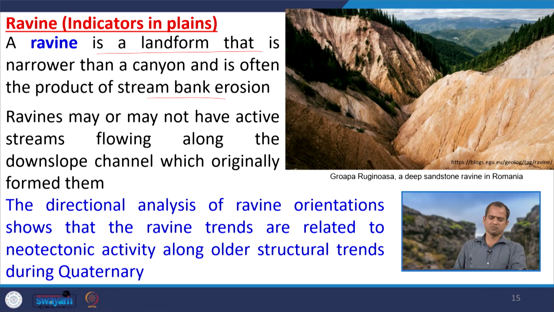The ravines may or may not have active streams flowing along the downslope channel which originally formed them. The directional analysis of ravine orientation shows that the ravine trends are related to tectonic activities and to older structural trends in the Quaternary. That means the ravine orientation indicates structural trends like fault trends.